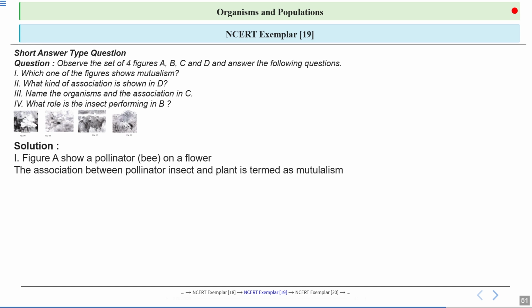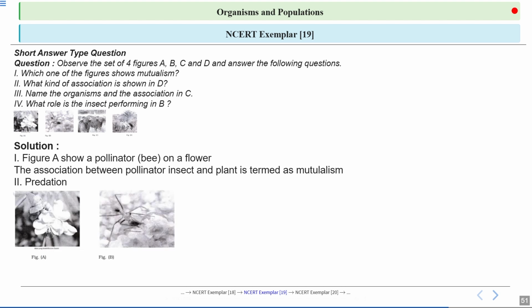Bees are getting the nectar and in return they are pollinating the flower. Next one is predation. Figure D shows predation. In predation, one organism, the predator, hunts and the other organism, the prey, is being eaten up. Okay, this is clear.